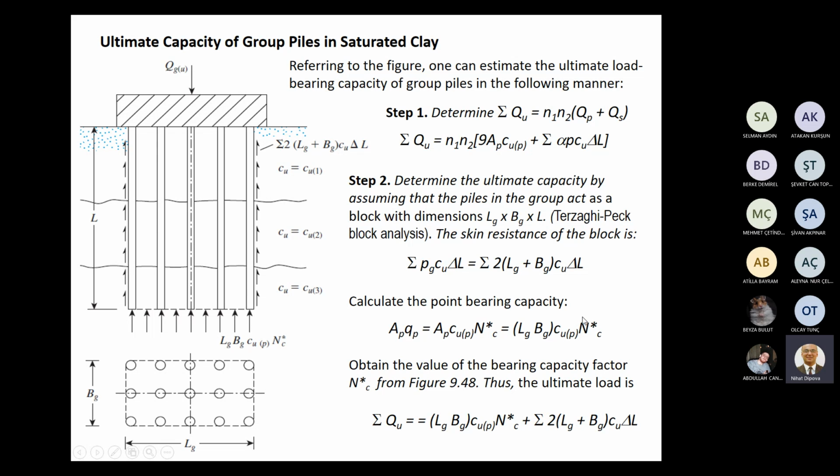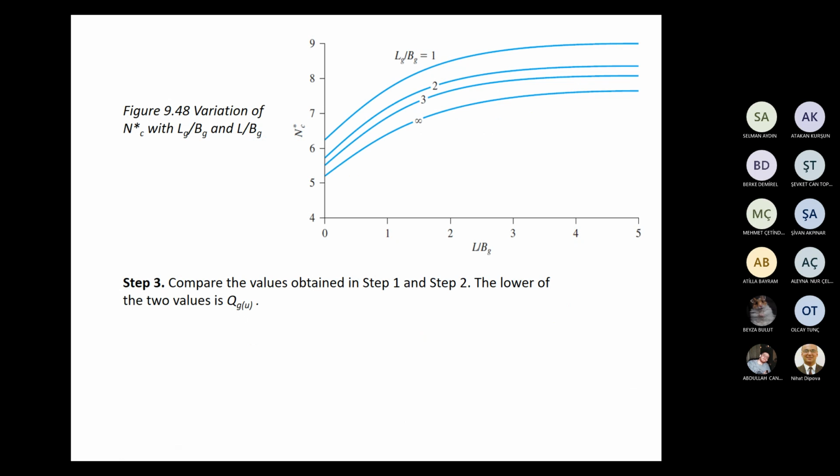You know, NC is obtained from figure 9.48. This is the modified bearing capacity factor, N star. So final capacity can be written as in this equation. By the way, this method is also called Terzaghi-Peck block analysis. Yes, these are the NC factors.